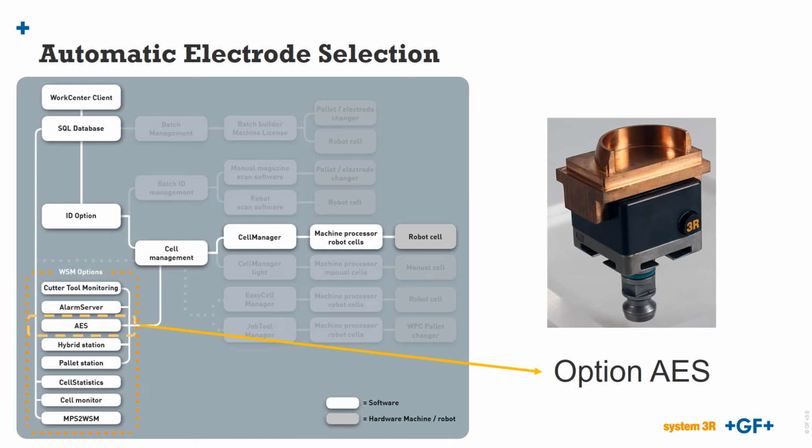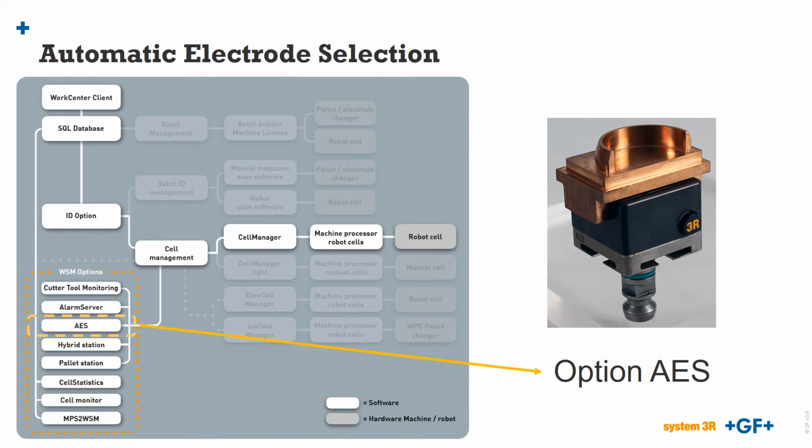Automatic electrode selection can be used in cells featuring die-sinking EDM machines from GF Machining Solutions, but also from other original equipment manufacturers. Some die-sinking EDM machines may have their own routines to manage repetitive jobs and geometries.